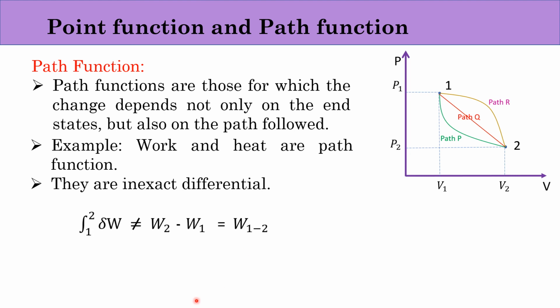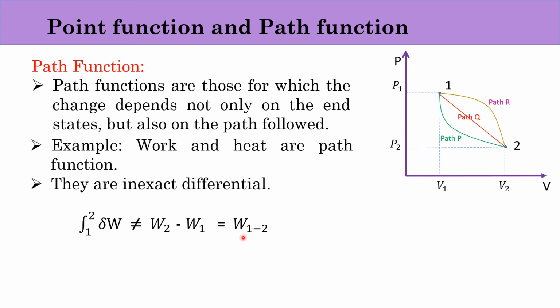Mathematically, we can write it as the integral of delta W is not equal to W2 minus W1. It is an inexact differential. So we have to write it as W1 to 2, where this 1 to 2 is the process it is following.